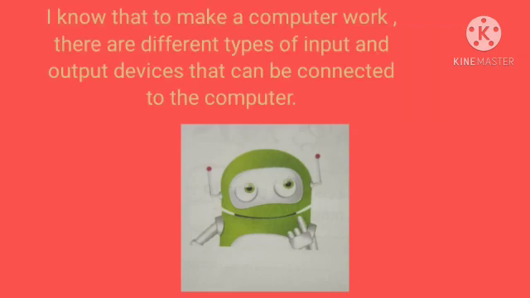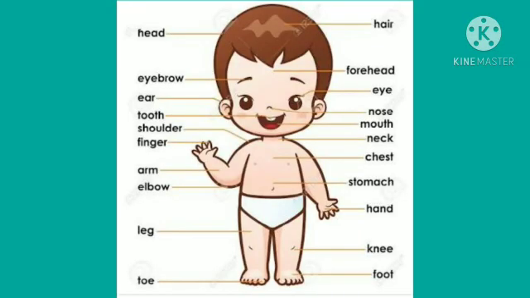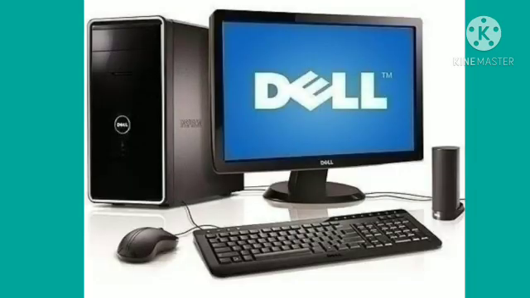I know that to make a computer work, there are different types of input and output devices that can be connected to the computer. A human body is made up of different parts. Each part has a special work to do. In the same way, a computer is made up of different parts. All these parts together make a computer work.